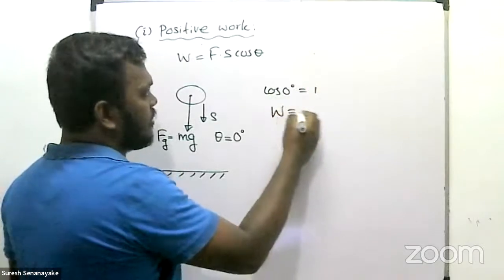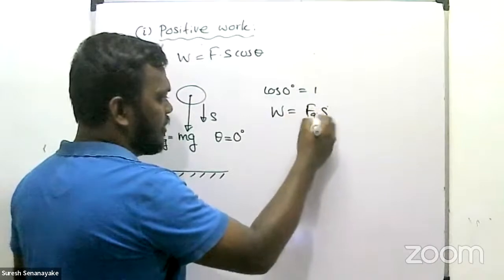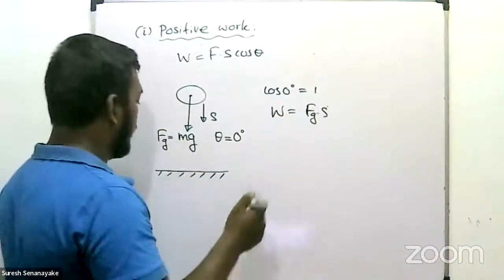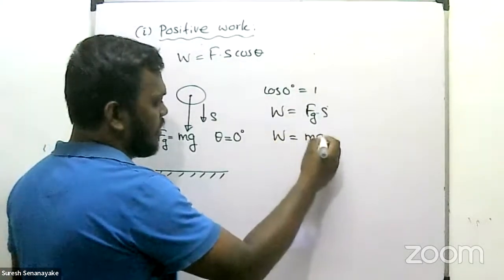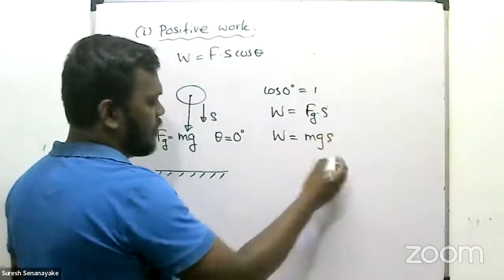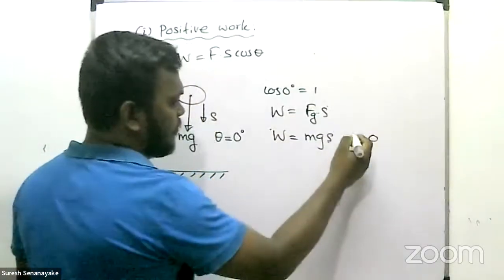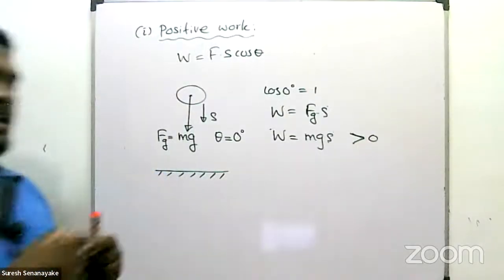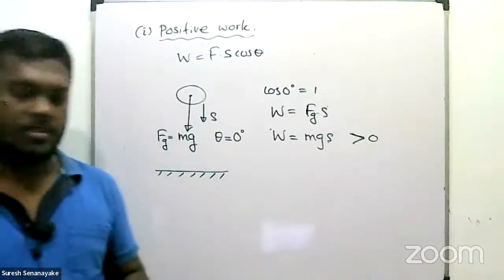The work done is F into s, where F is the gravitational force, so you can write it as mgs also. This is positive. If any external force acts on the body and it moves under that force, all are positive.